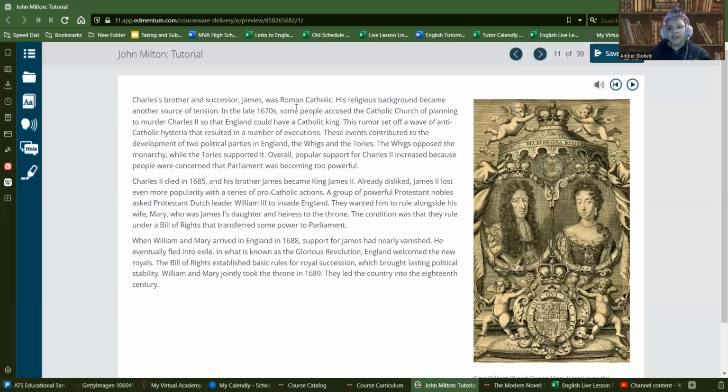So it got to the point pretty much where a bunch of Protestant nobles basically asked William of Dutch to invade England. They pretty much said, listen, we've already been through a lot. We've had a whole civil war about having religious parties in place, and we don't even like Catholics for the most part.